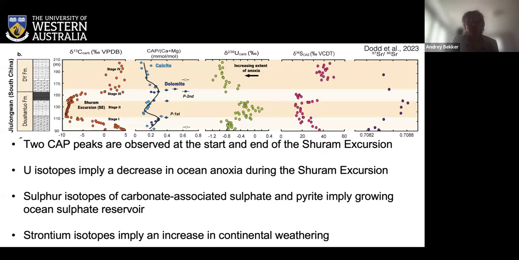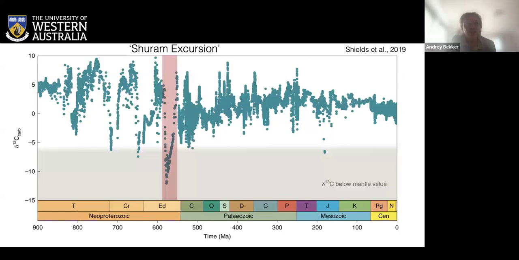And maybe just a short one on one of the early slides, and maybe it was schematic. It showed this Shuram excursion almost overlapping with all Ediacaran assemblages. It probably was a very schematic slide.